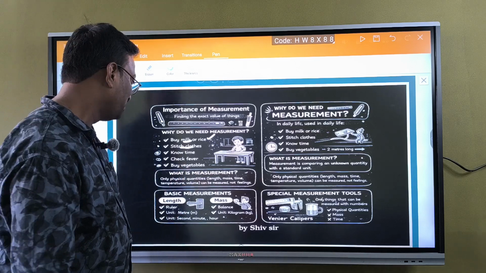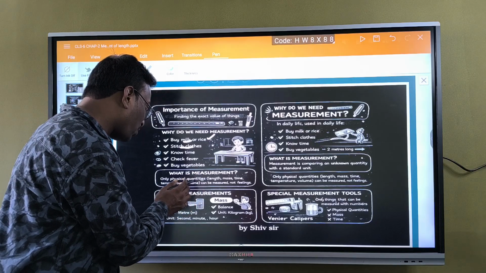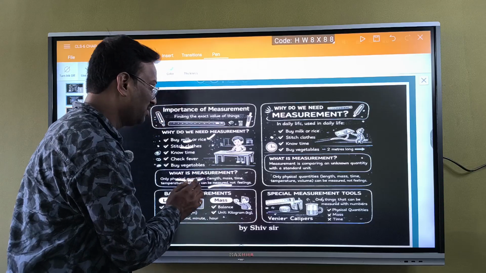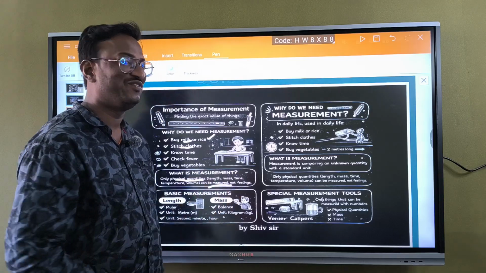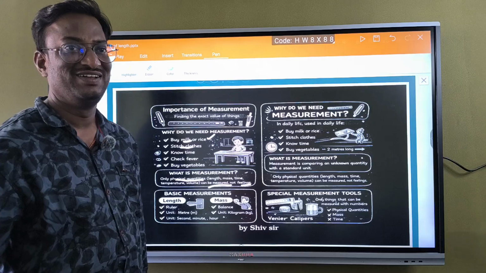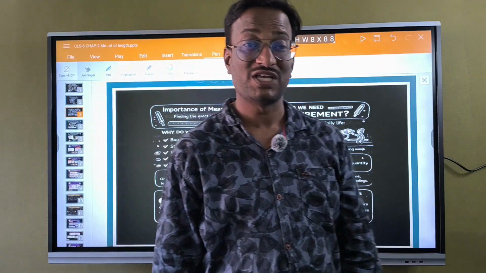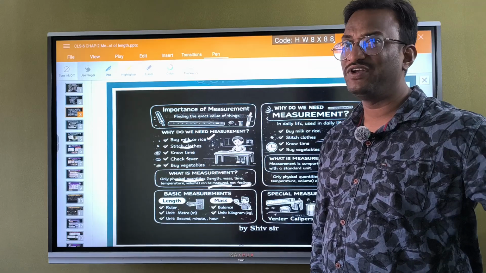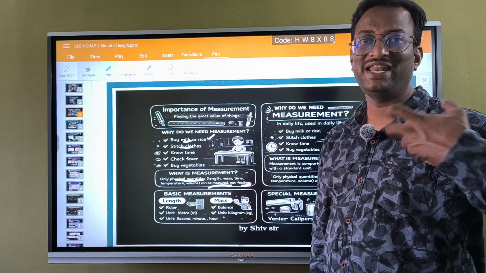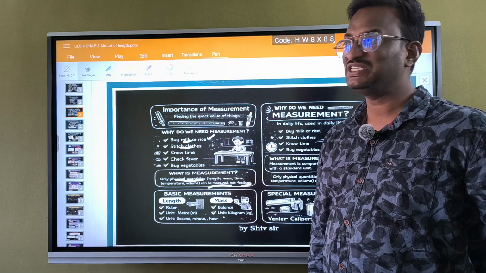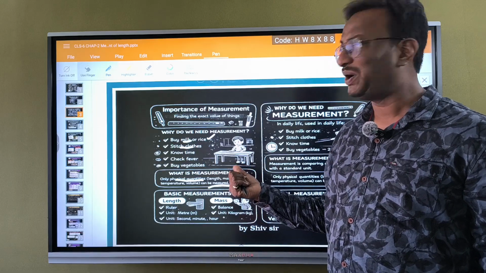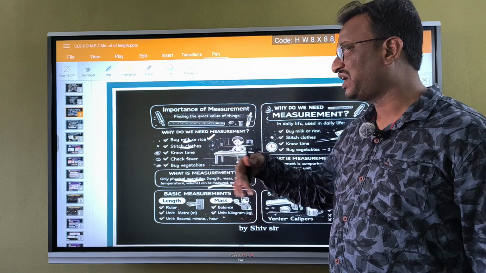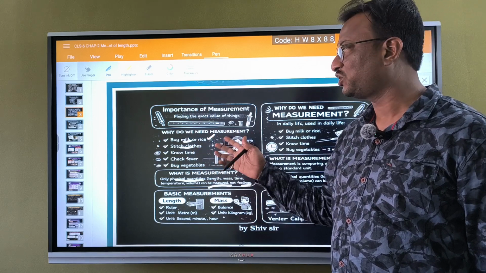Only physical quantities can be measured, but not feelings. We cannot measure feelings with these quantities. We have feelings: happiness, sorrow, jealousy. These are all feelings, innate within the person. We cannot measure them with physical devices, but we can measure things like milk in different units or quantities.